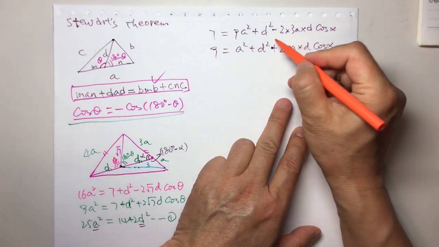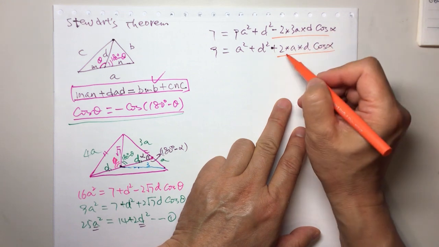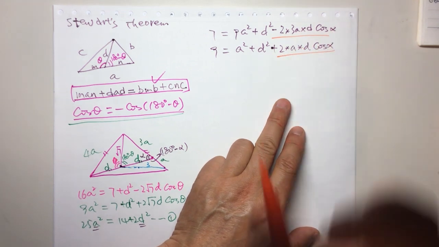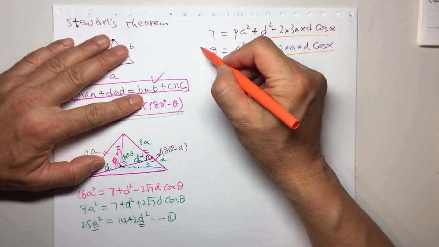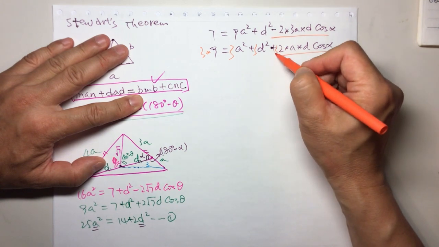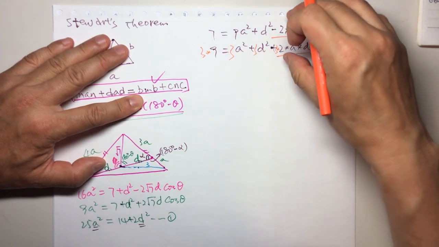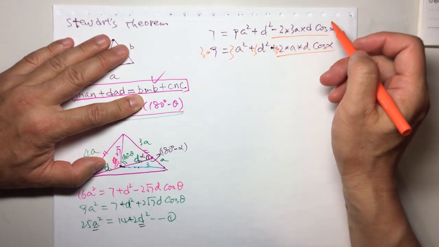Now I want to use the same way. Here we want to cancel them. Here is 6ad cosine alpha, here is 2ad. So I multiply 2 times 3 for left hand side and right hand side, all of them, then 3 times 3, and 3 times that. Now we can add left hand side and right hand side.